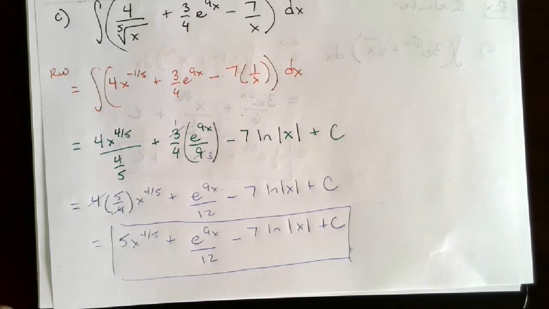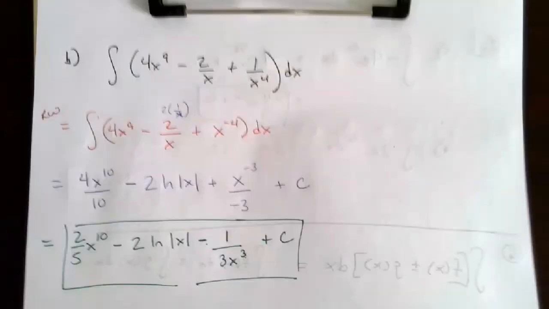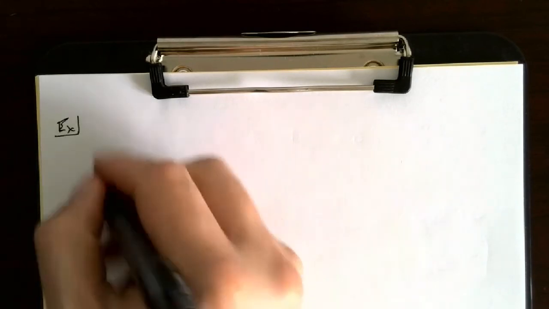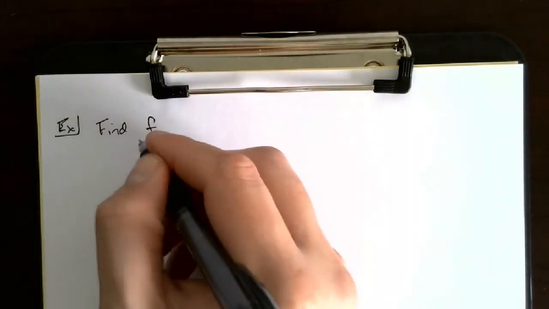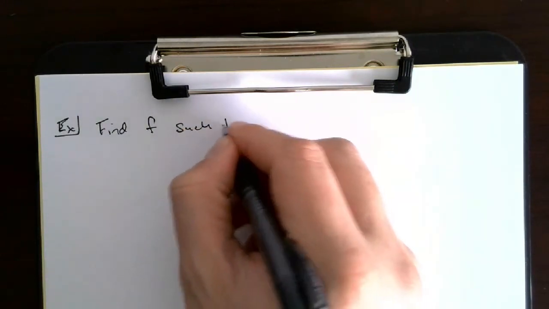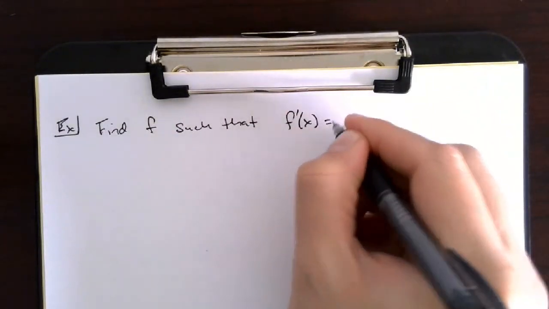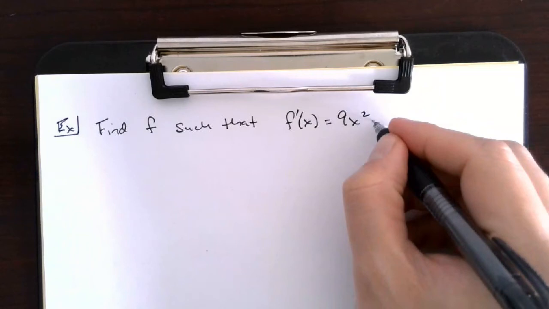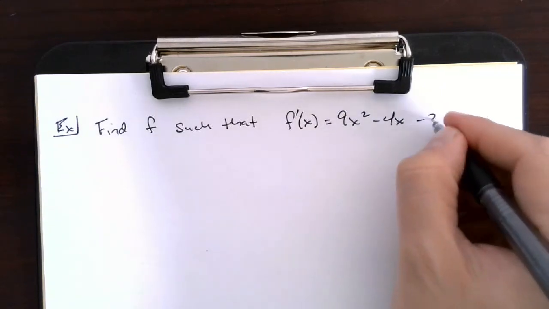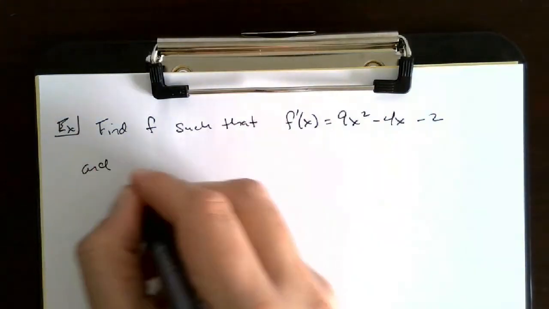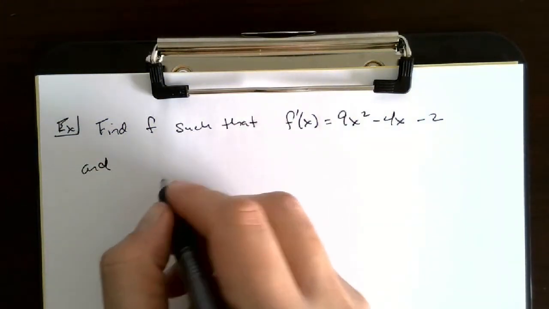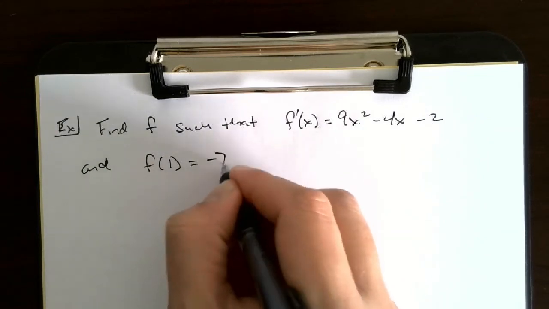Let's just take a look at one more example here. So if I said to find, in this example, find f such that f prime of x equals 9x squared minus 4x minus 2, and f of 1 equals negative 7.